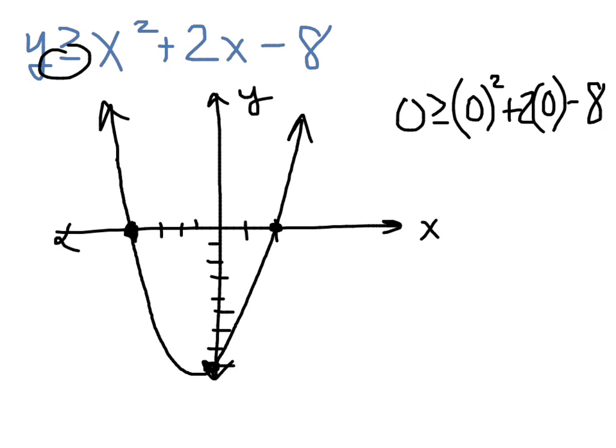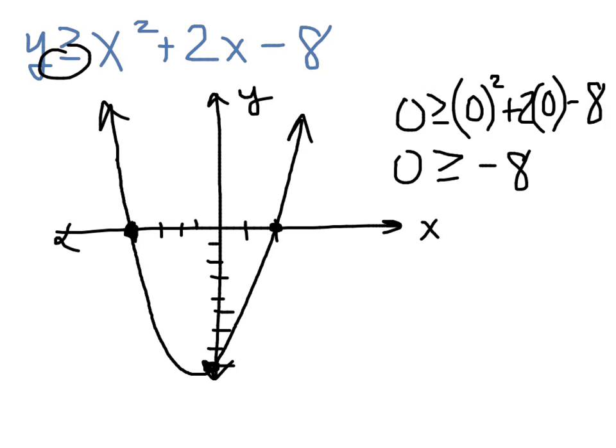What's 0 squared? 0. What's 2 times 0? 0. What's 0 plus 0 minus 8? I got a quick question for you. Could I just go right away to just whatever the constant is? Yeah? Okay, good. Is 0 bigger than or equal to negative 8? Yes. That is a true statement.